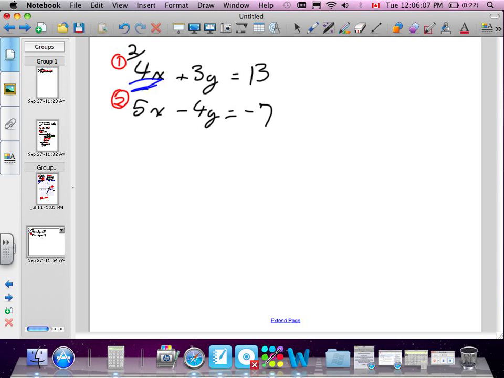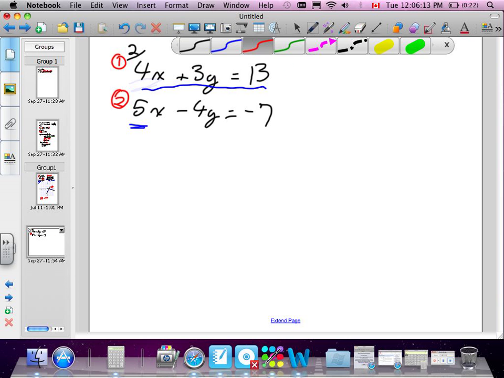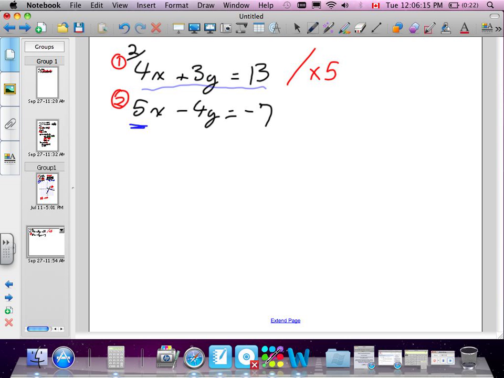An easy way to do this is just multiply one equation by the opposite equation's coefficient. So this entire equation, we're going to multiply by 5 because it's the opposite coefficient of this. And vice versa, I'm going to multiply this entire equation by the opposite equation's coefficient, 4.